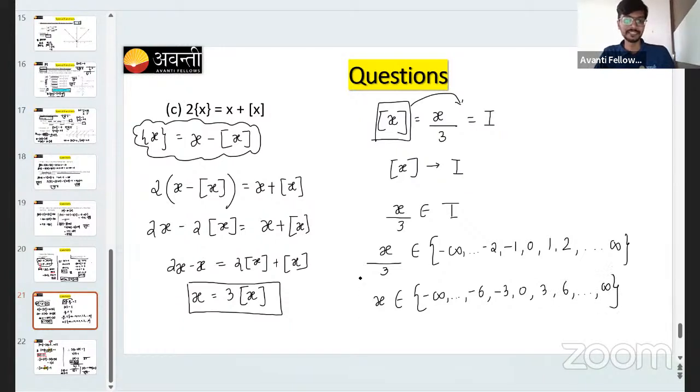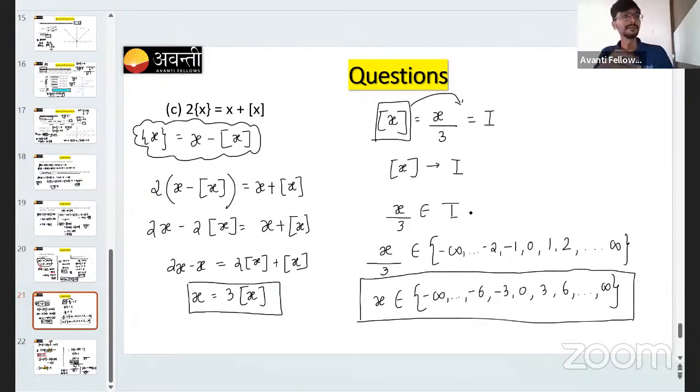So my x will be all the multiples of 3. मतलब basically 3 का table. 3, 6, 9, 12, 15, 18, 21 और negative side पे -3, -6, -9, -12 and so on. So this was a good question. What will be the values of x? All the multiples of 3 from minus infinity to plus infinity.